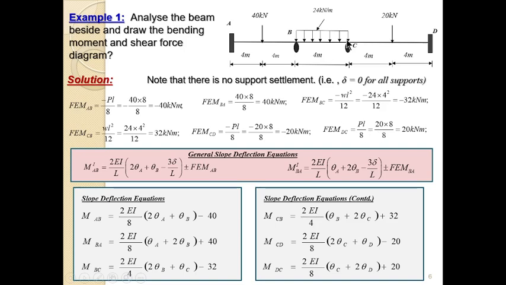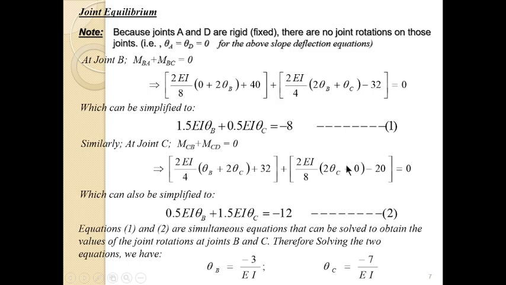The same thing can happen at joint C. Similarly at joint C, MCB plus MCD equals 0.